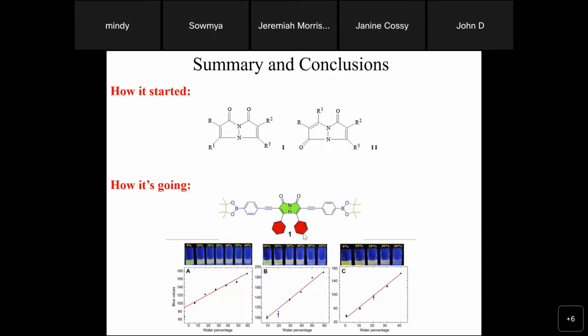So we see the same structure shown here. This compound 1 can act as either a hydrogen peroxide sensor or a water sensor, depending on the particular reaction it undergoes, and both reactions result in strong fluorescence changes as well as strong colorimetric changes.